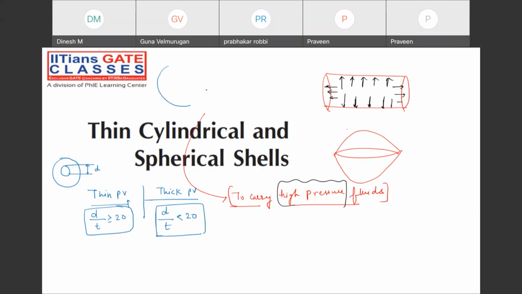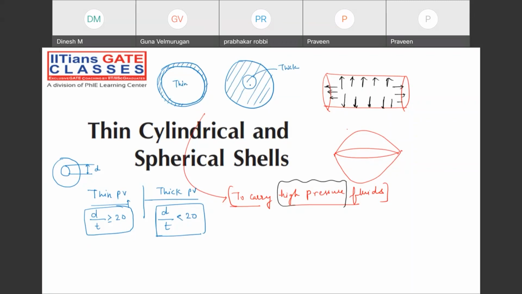So I can just show you by the representation. So this is thin and this is thick.